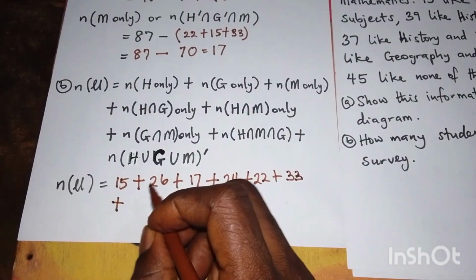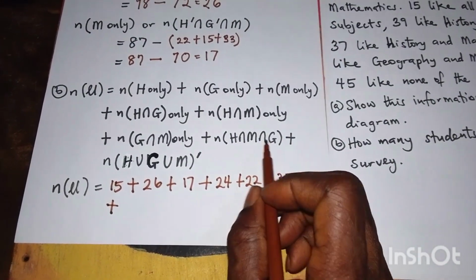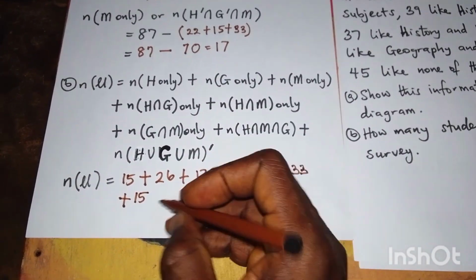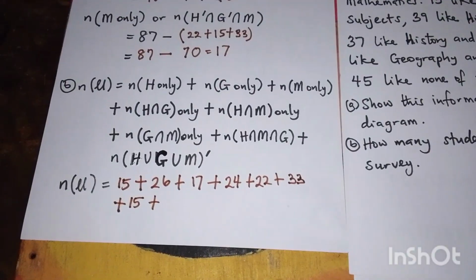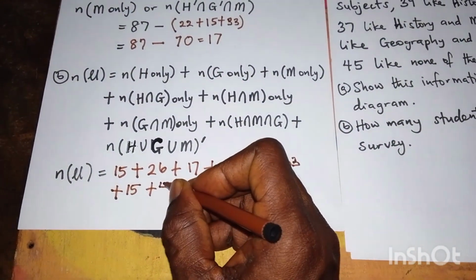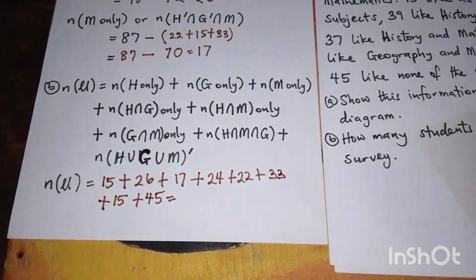Plus those that like the 3 subjects, that is we having 15. Plus those that like none of the 3 subjects, that don't like any of, that's 45. So we will need to add everything together.